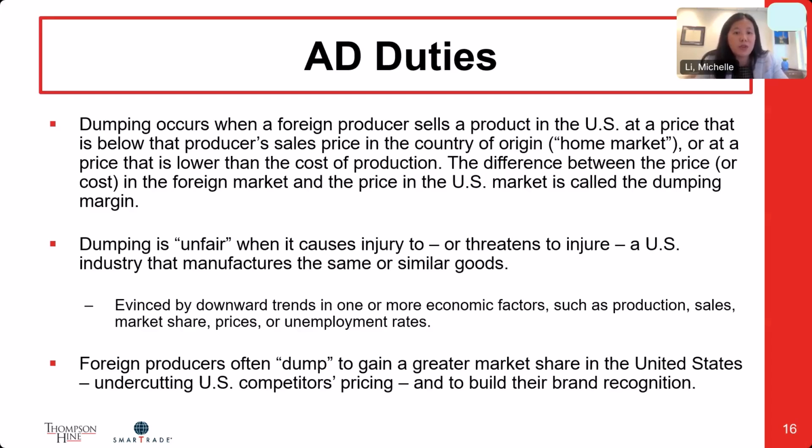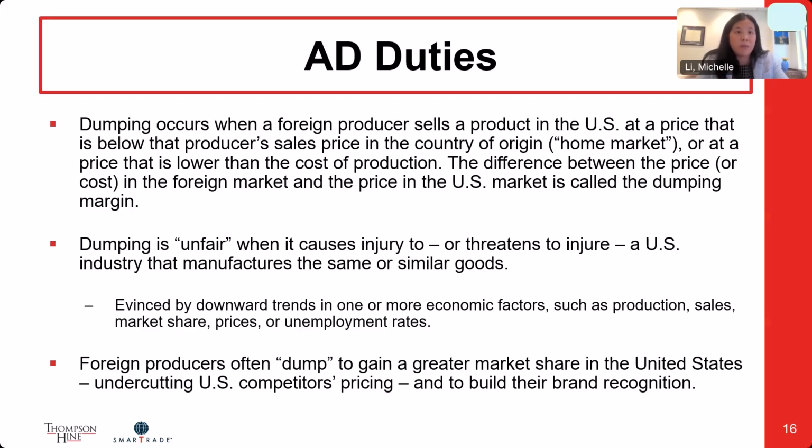And as for the injury, in my baby shop example, you will see the baby shop, even by lowering their price, cannot catch up their sales. They are losing revenues. Their production numbers go down. Their market share dwindles. Their prices just never will be lower than the competing imports.